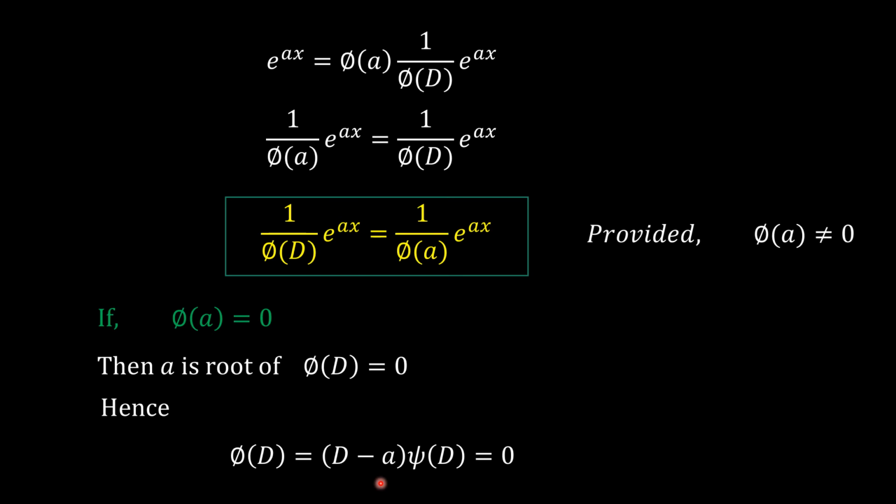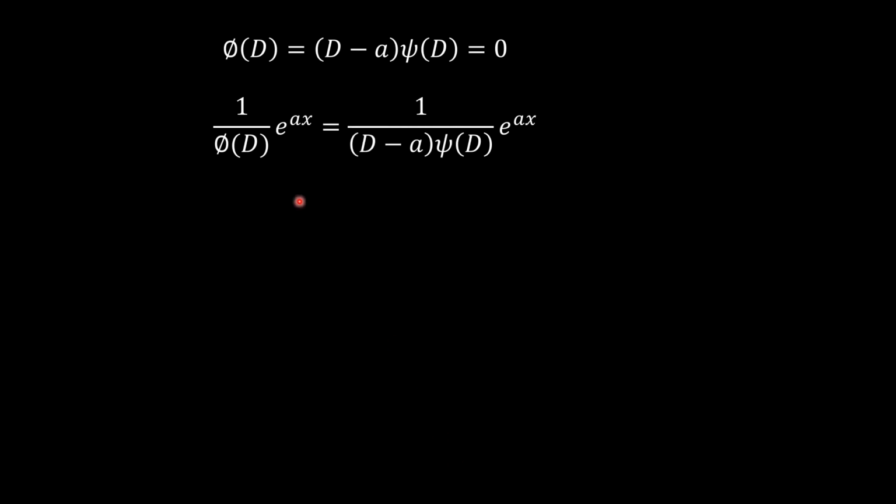Now we will replace phi of D by this expression in the above case. That will give us 1 upon phi of D of e raised to ax is equal to 1 upon D minus a into psi of D of e raised to ax. Now, as a is the root of the auxiliary equation phi of D equal to 0, we have separated out that factor D minus a.